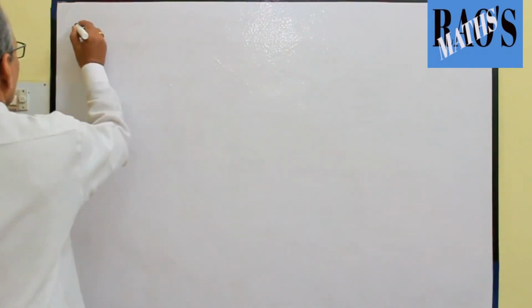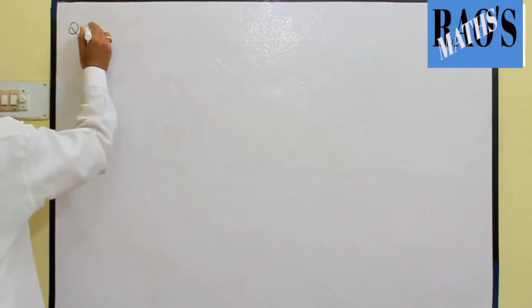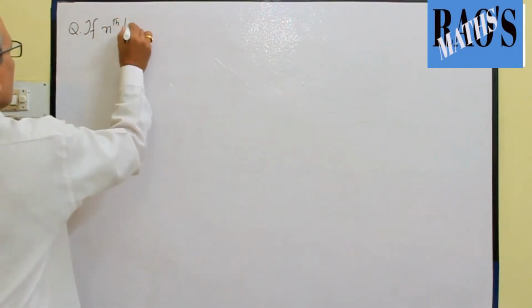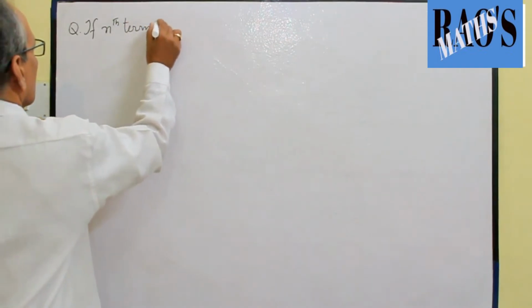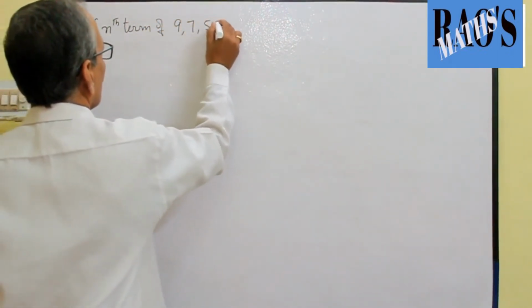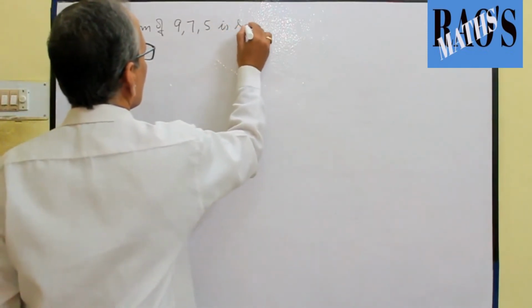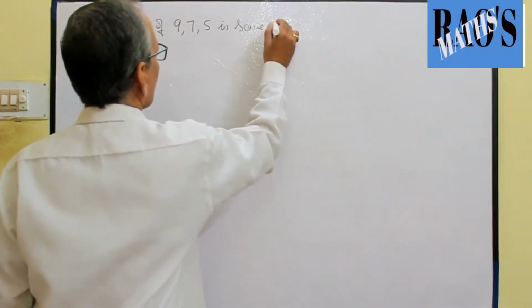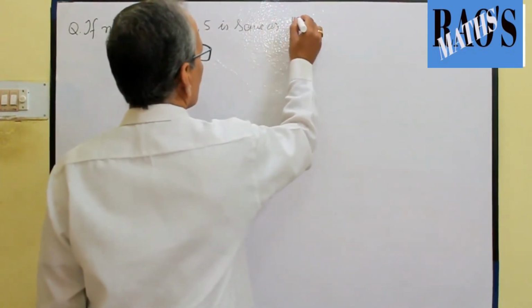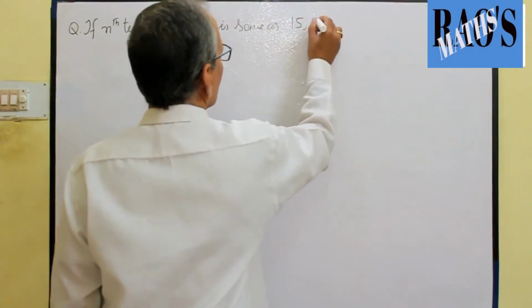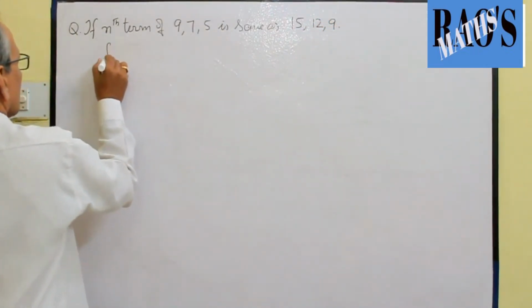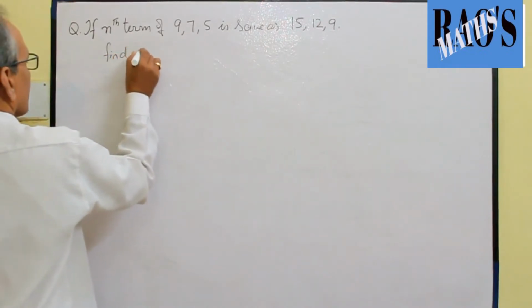In this question, see the question: if the nth term of 9, 7, 5 is the same as the nth term of another AP in the pattern 15, 12, 9, find n.